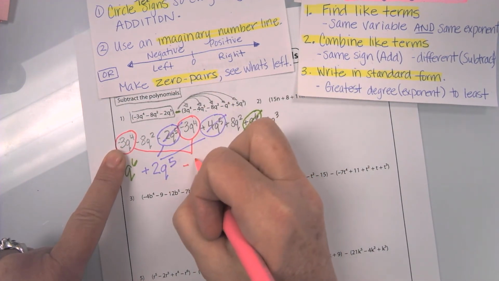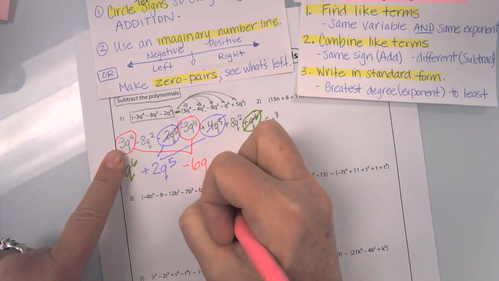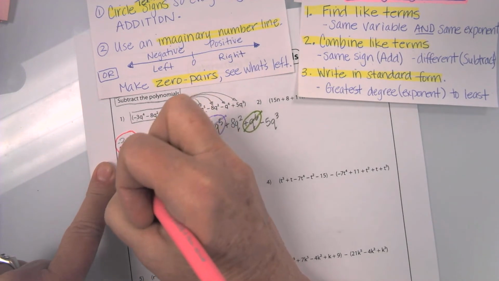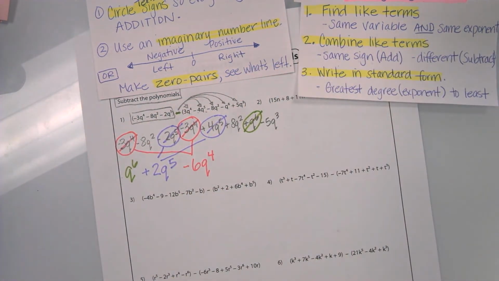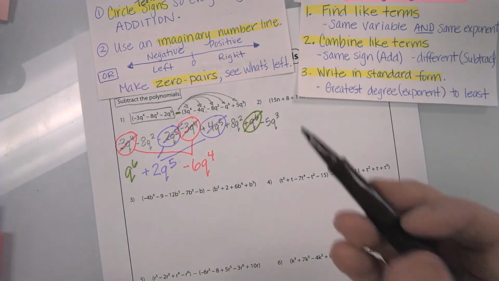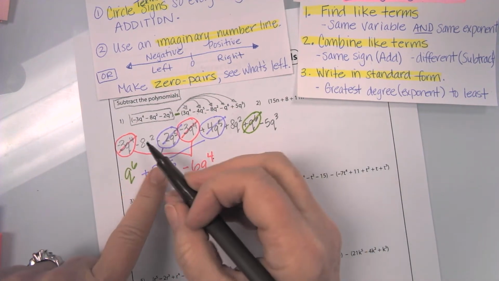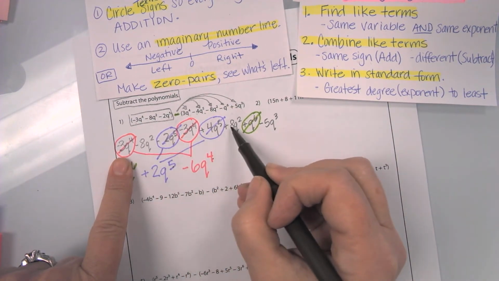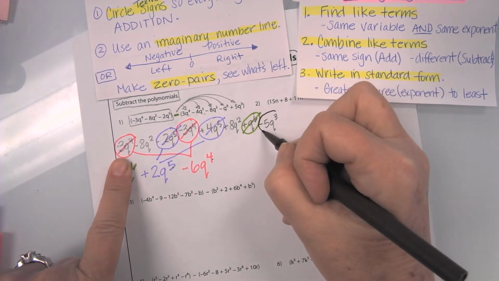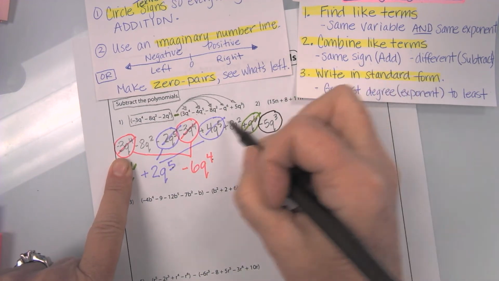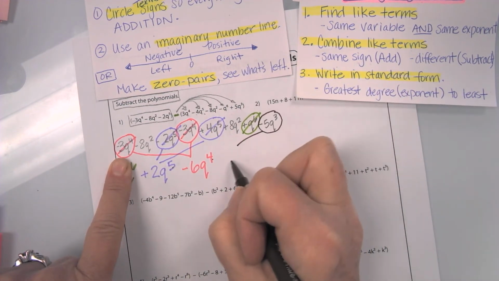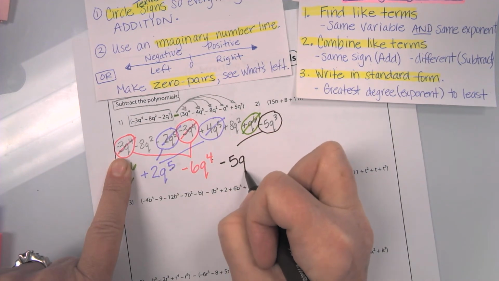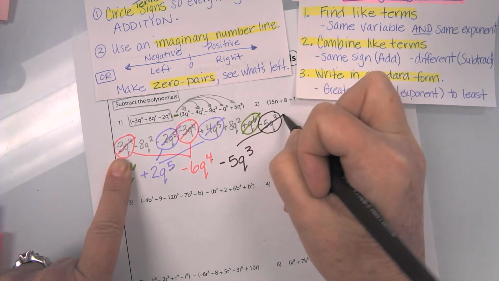I have a negative 6, and I just keep the q to the 4th. Those are done. Next, okay, 6, 5, 4, I need to look for 3s. Here's an exponent of 3. I only have 1, so I'm just going to bring it right down here. Negative 5q to the 3rd. And that one's done.